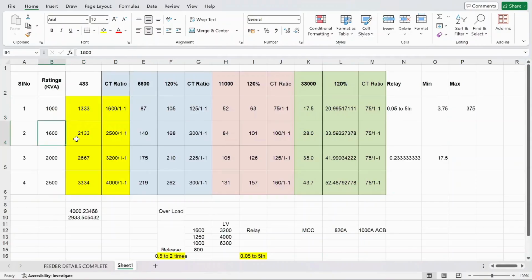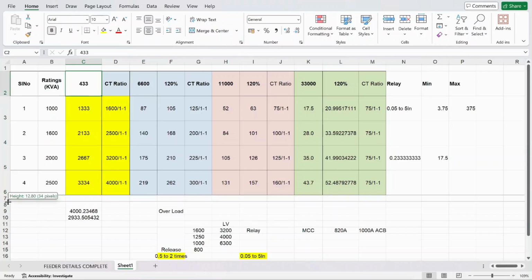At 1600 it is 2133, at 2000 it is 2667, and at 2500 it is 3334. This is the current for these transformers at 433 volts.